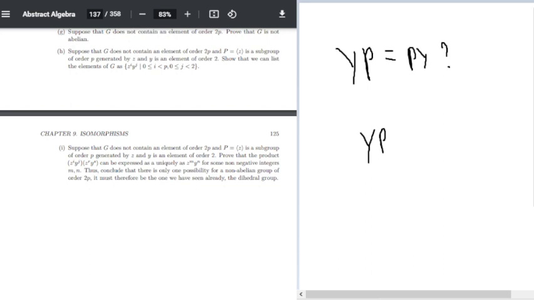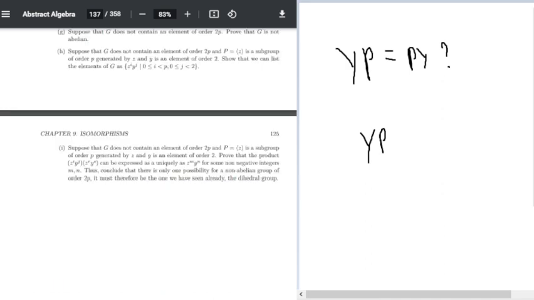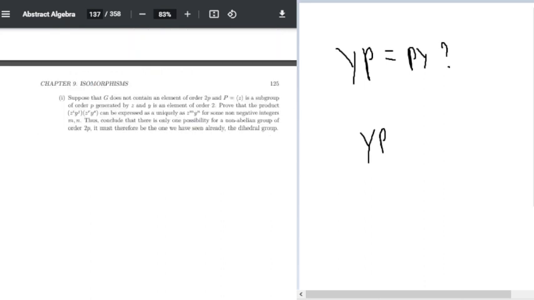Oh, that's a really nice proof of the importance of the dihedral group. I like that. Okay, give me a second. Prove that the product z^i y^j z^r y^s.